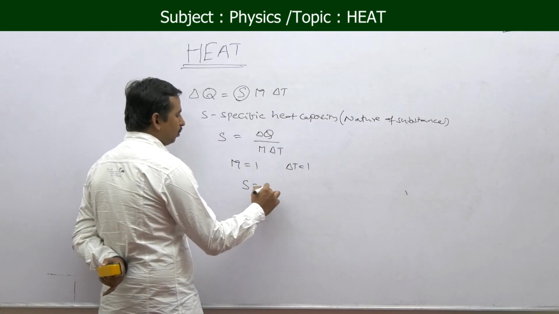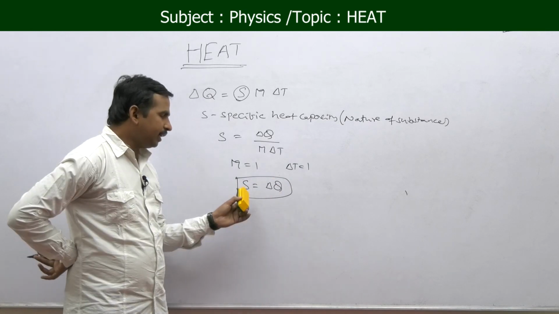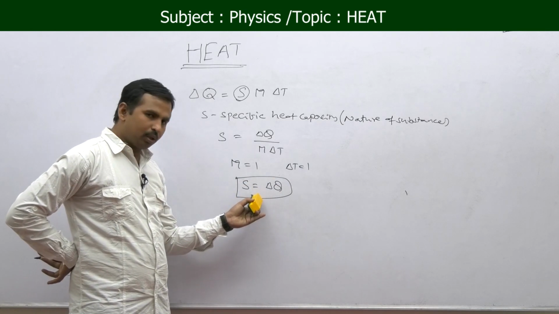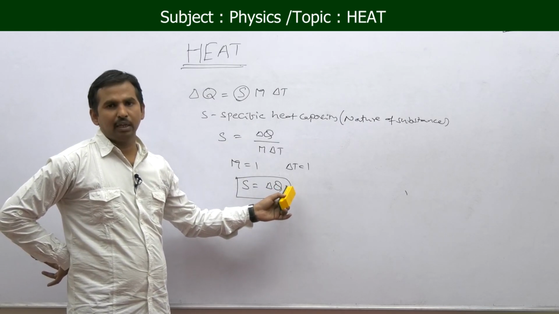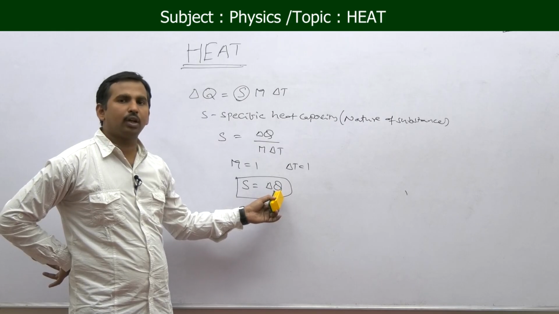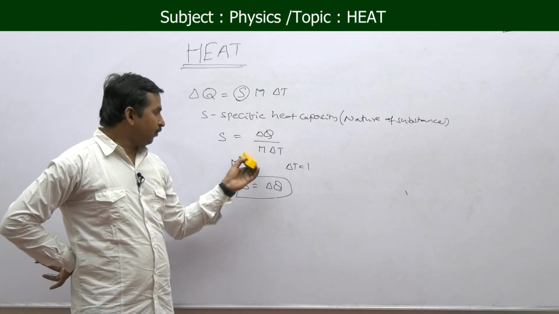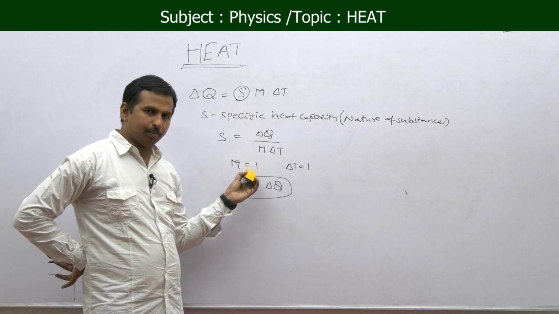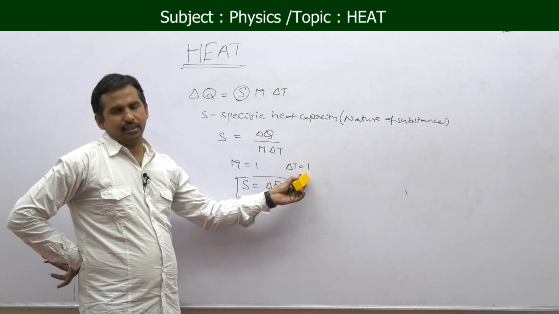S is equal to delta Q, which means the specific heat capacity is equal to the amount of heat energy required or given out when you take a unit mass of a substance to raise its temperature by 1 degree Celsius.